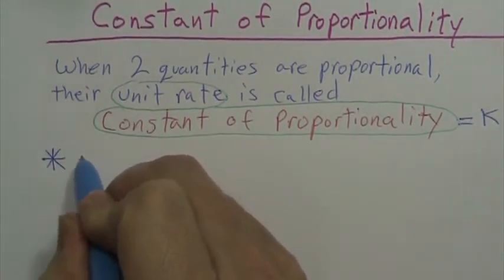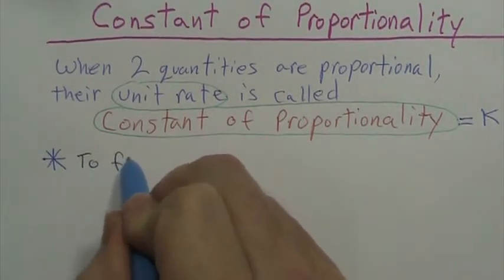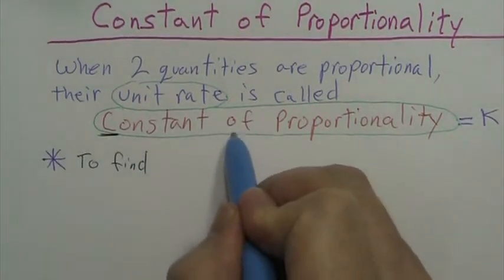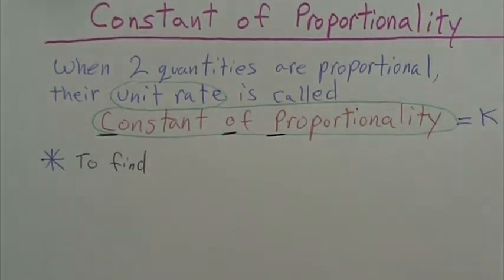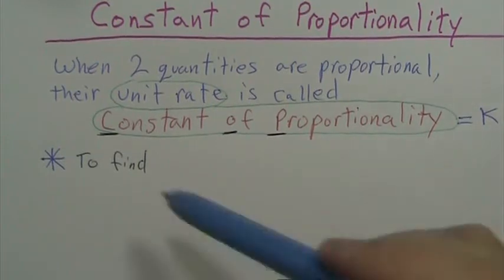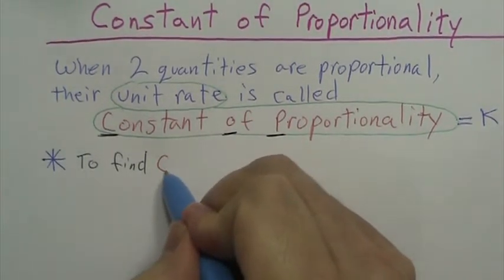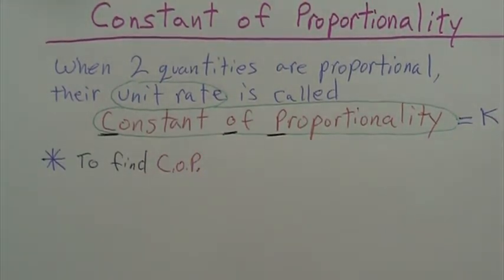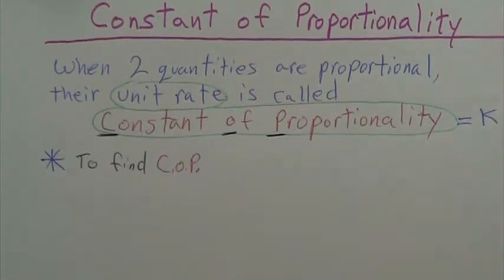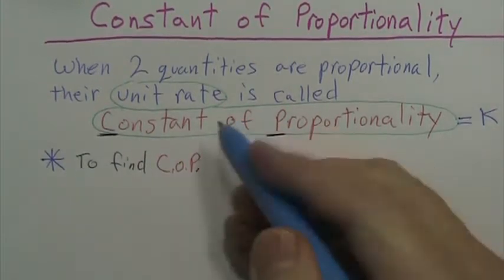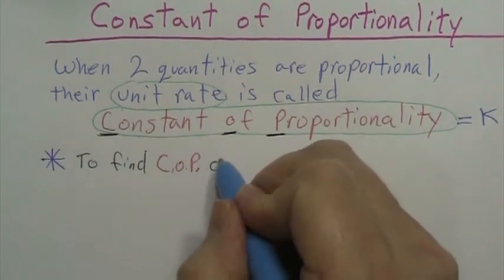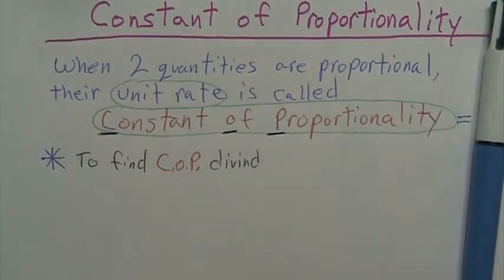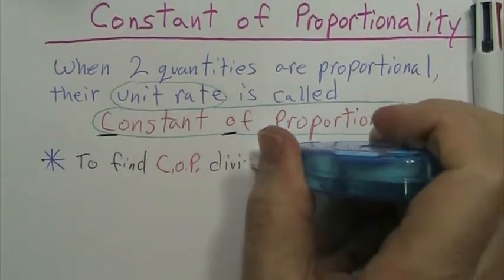Okay, so to find, actually to calculate, I'm going to use COP to stand for constant of proportionality, because I certainly don't want to write all that out. To find COP, constant of proportionality, what do we do?